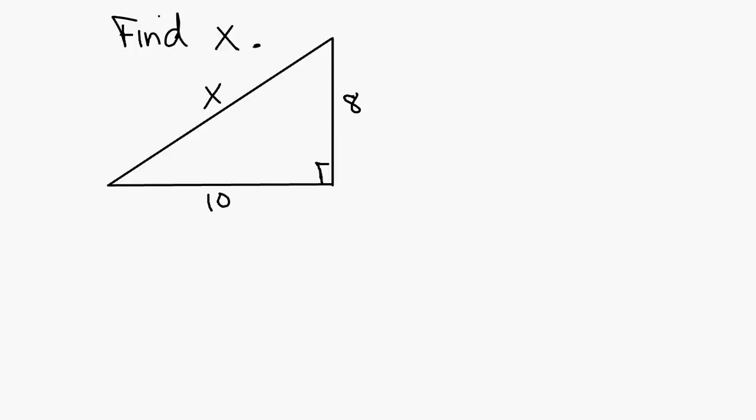The first thing you want to do is take this triangle and label the sides. So call the sides next to the 90 A and B. So here's A and B. The side across from the 90 is always C.